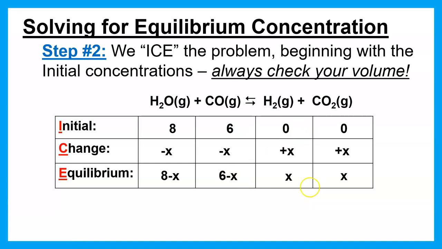One quick thing: if you aren't obviously starting with no products, or you don't start with no reactants, therefore you know you're going backwards, you do need to calculate K versus Q. You need to determine which direction the reaction is going to go, because you don't know which ones in this row would be negative and which would be positive. If we were proceeding to the left, then these would have been positive and these would have been negative. So always remember to calculate Q versus K if it isn't obvious what direction you're going.